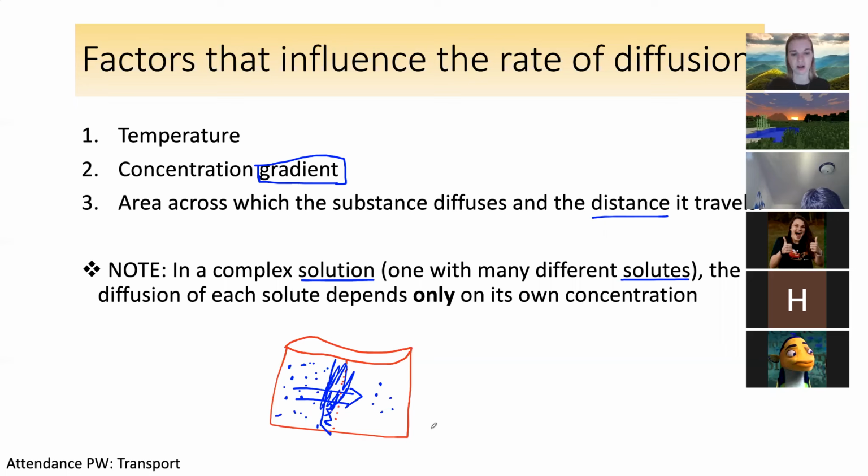So just keep in mind that we're going to look at each thing individually, even if you have a whole bunch of stuff, because that's real life. If you look inside your cell, it doesn't just contain one protein or one type of sugar molecule. It's got lots of stuff in it. This is a really important thing to keep in mind.